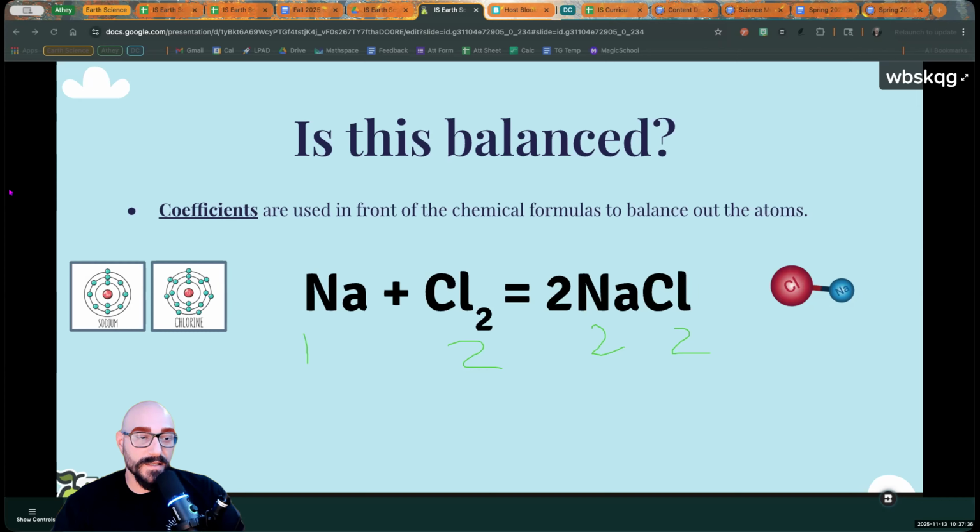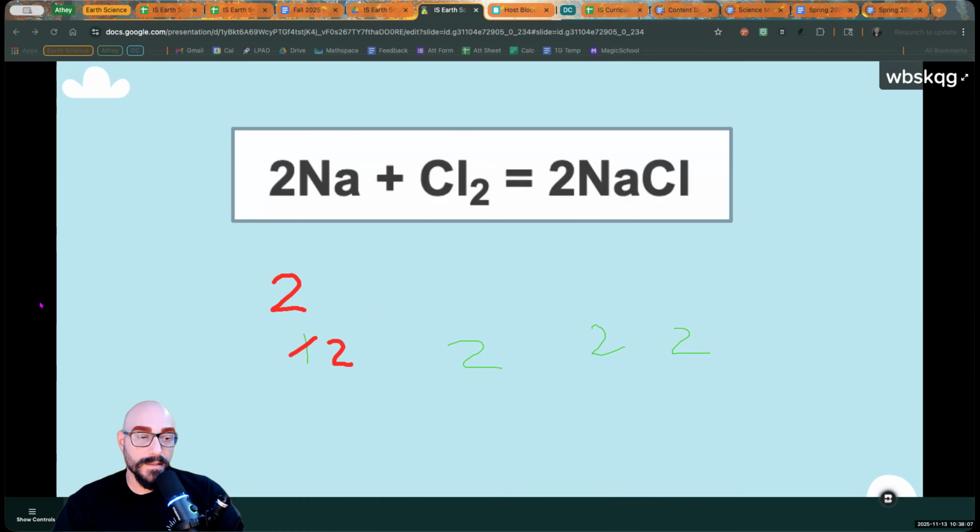So the way to fix this is I am going to put a 2 in front of this sodium. And now it's balanced, right? Now I have two sodium atoms on the left, two on the right, two chlorine atoms on the left, two chlorine atoms on the right. So that balanced chemical equation should look like this.